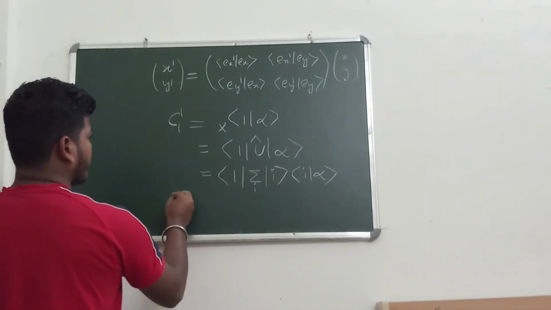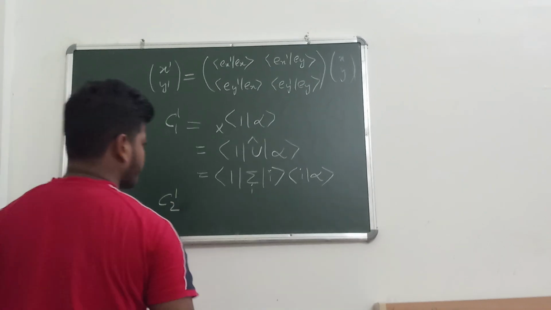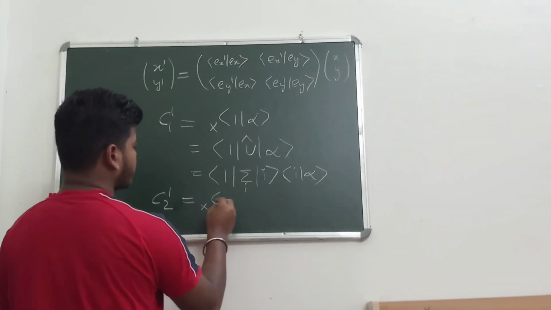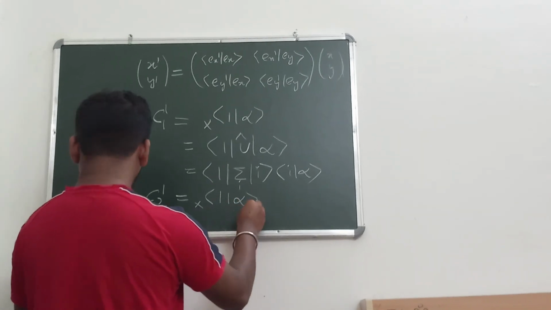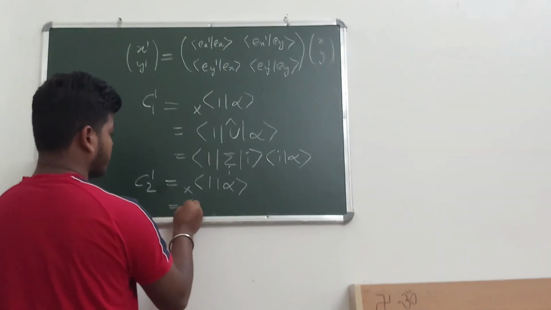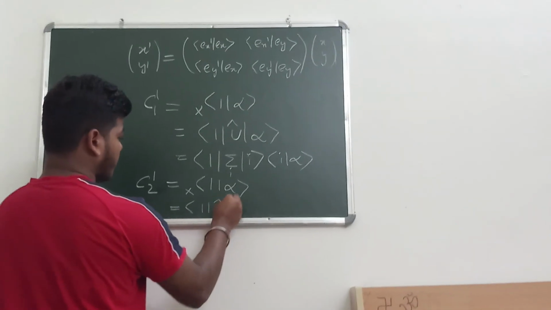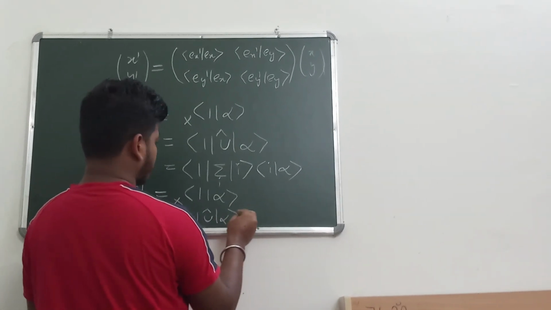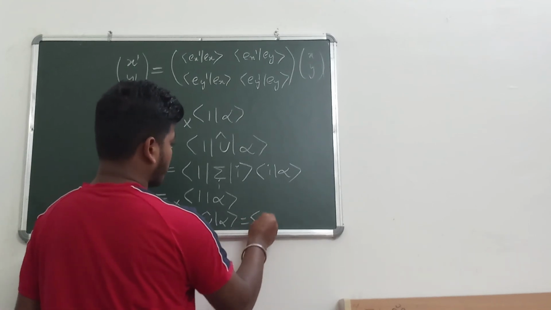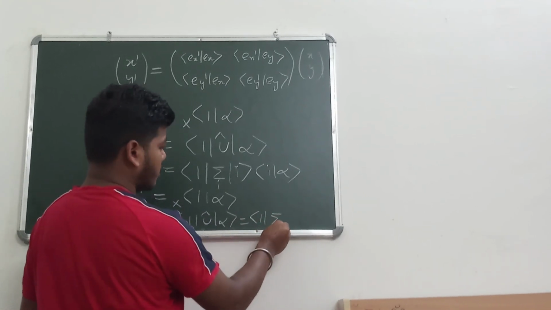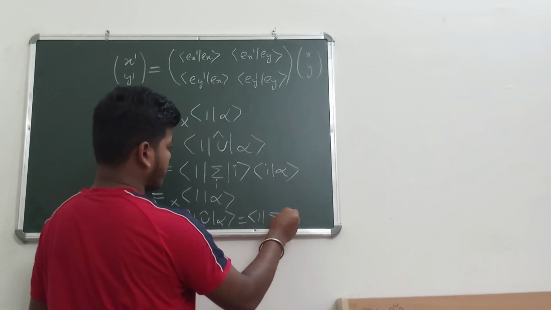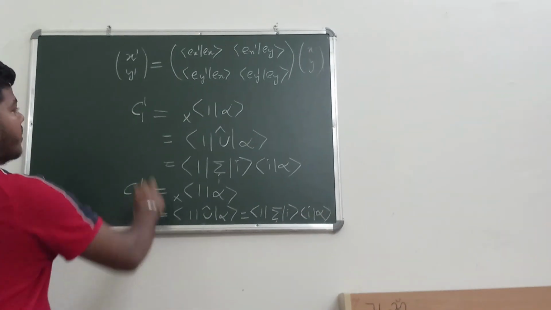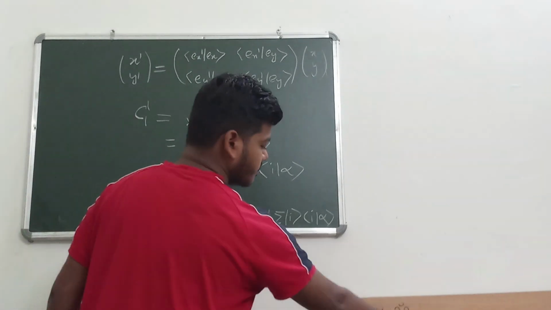So similarly C2 prime, I can write as x 1 alpha, that is equal to 1 u prime alpha, one summation of i alpha. Okay, so I defined C1 prime and C2 prime.